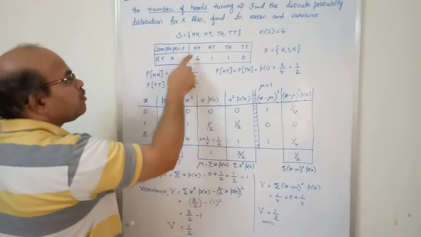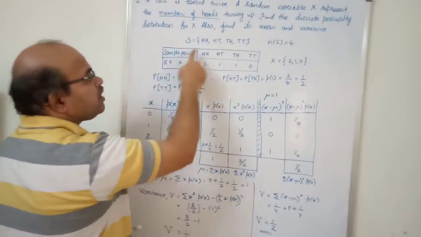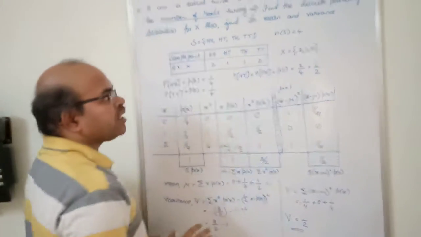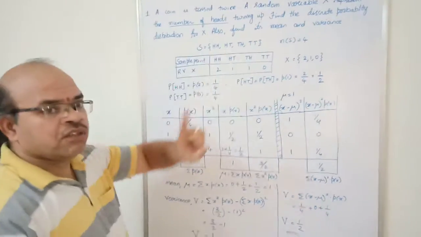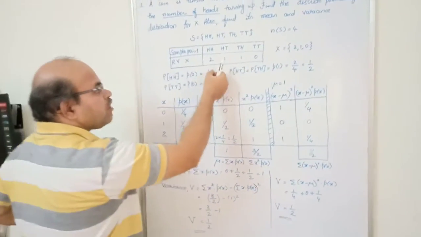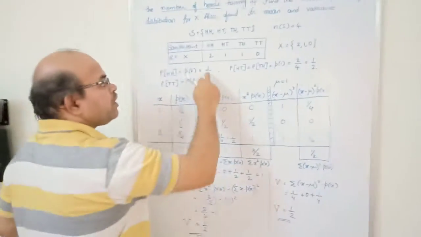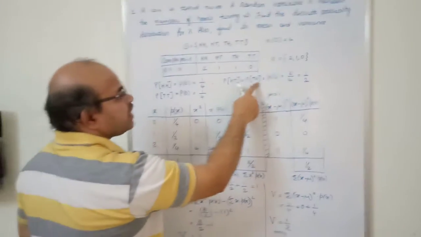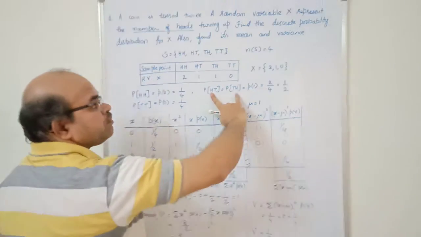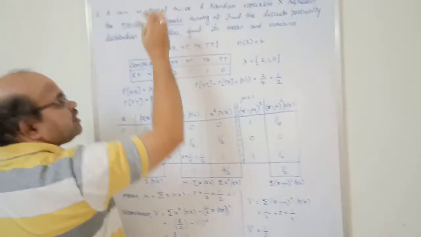Now I have found the probability of these values. Probability of both heads: how many HHs are there here? Only one HH, therefore 1 divided by 4. Then the probability of HT or TH, because one head is present, since we have to consider only the number of heads.